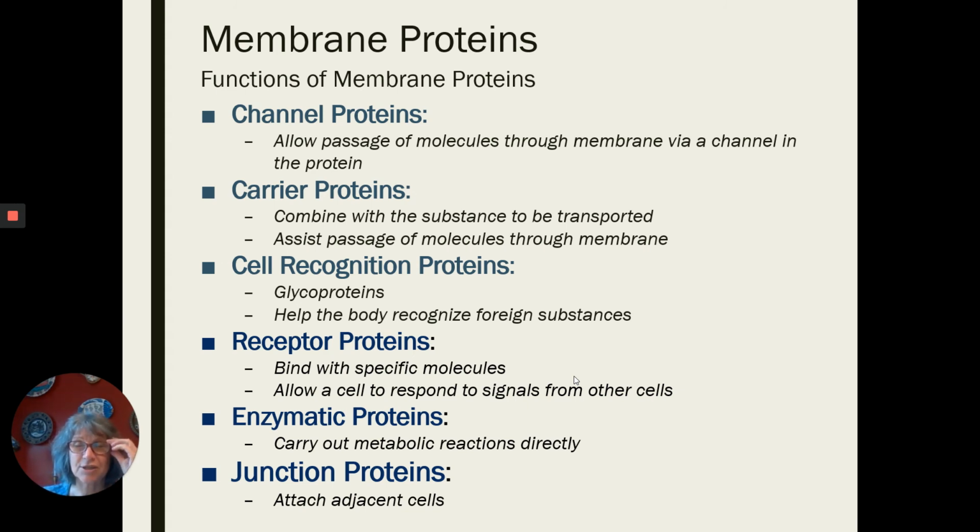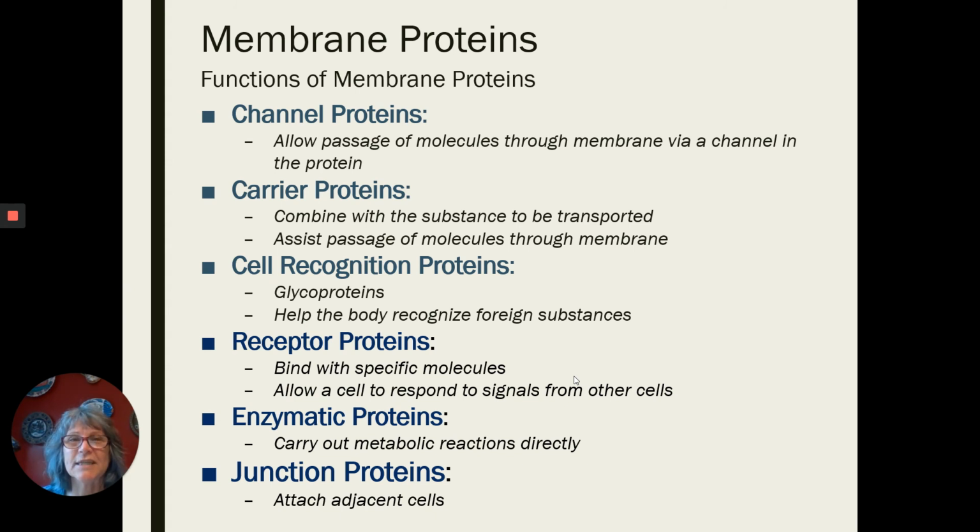If they are charged, an ion for instance, they would get caught up or repelled by those hydrophilic heads, or get stuck in the middle of those hydrophobic tails. And so they don't pass readily through the phospholipids, even if they're small enough.